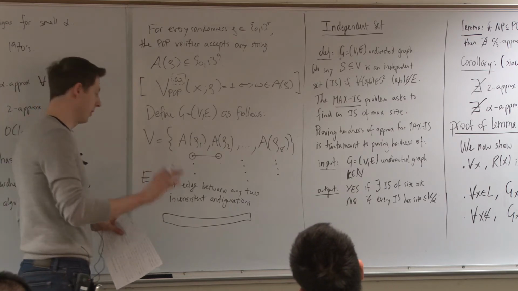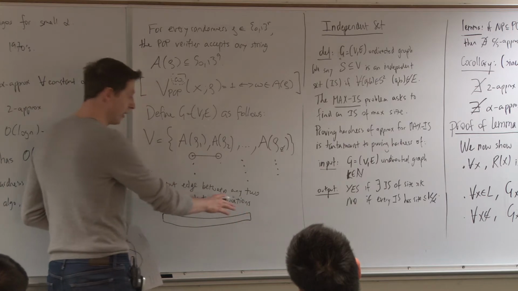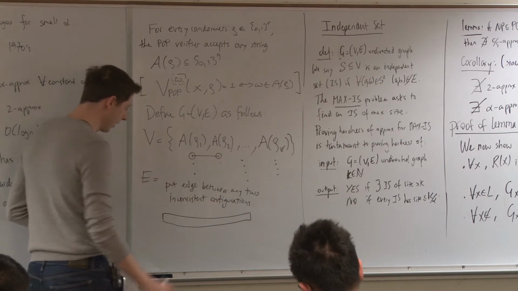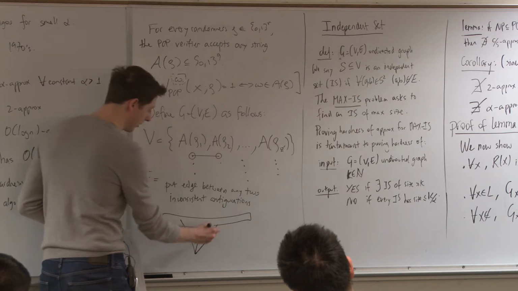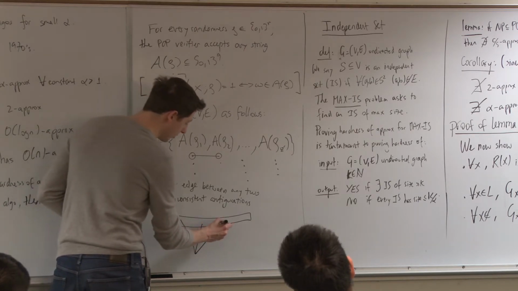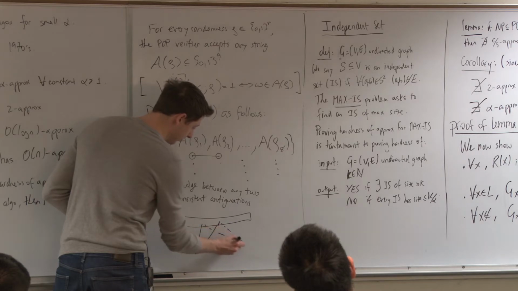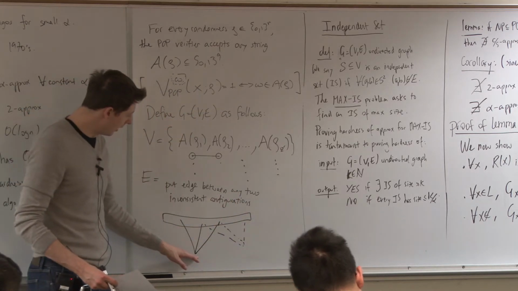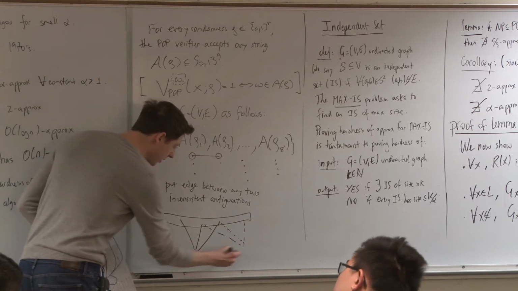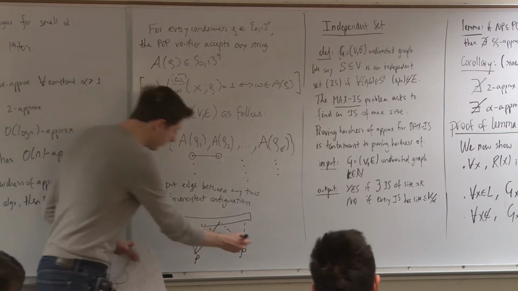No, I think it's a much simpler thing. So imagine that there is an underlying proof that we're querying. One set of queries could say, I'm going to look at these three. And another set of queries could say, I'm going to look at these three. Maybe this is for randomness row, and this is for randomness row prime.